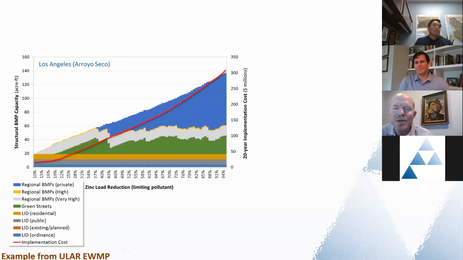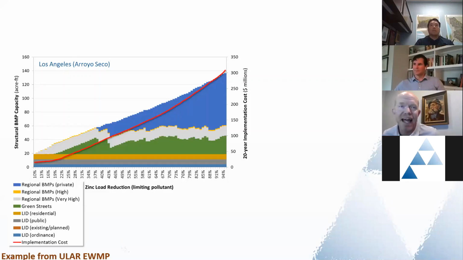Some of you might remember these curves from the original RAAs, and a really important thing to understand about Sustain is that Sustain does not just say we need a 42% reduction, what should the BMPs be? Instead, through its optimization, it solves the strategy for a big range of reductions.